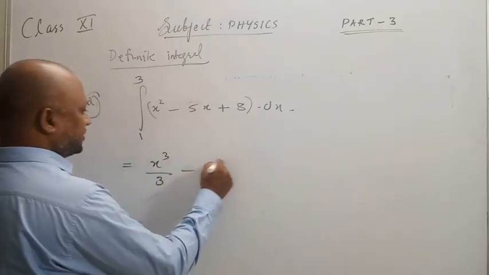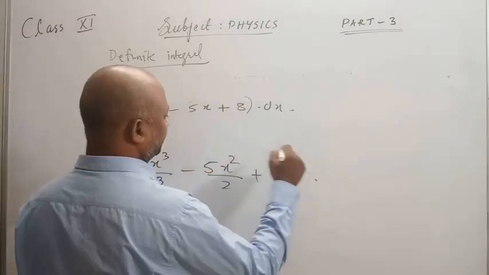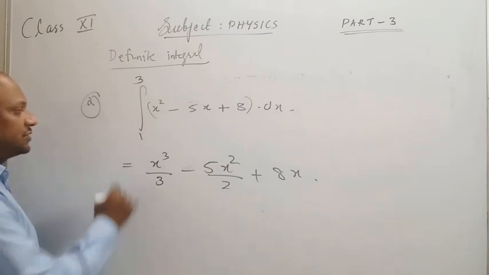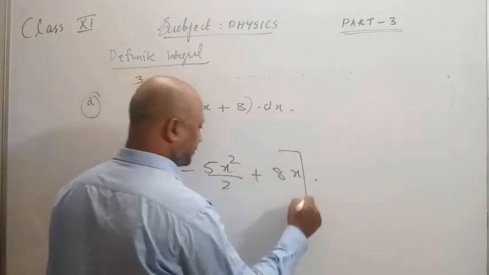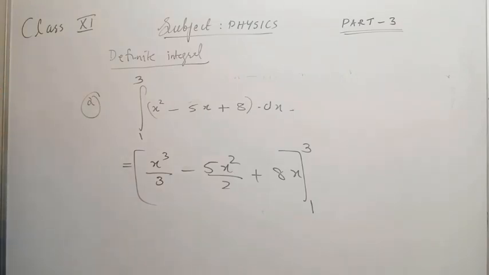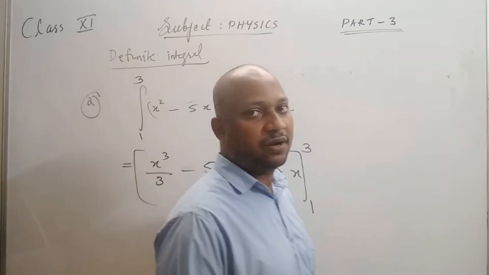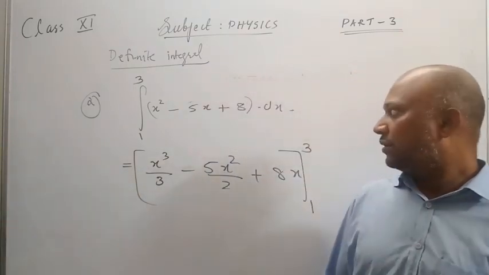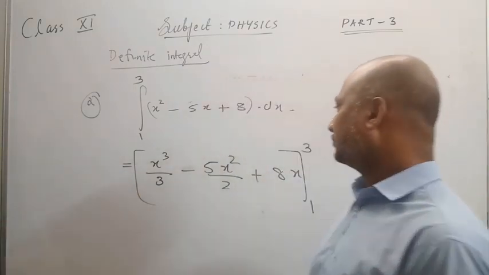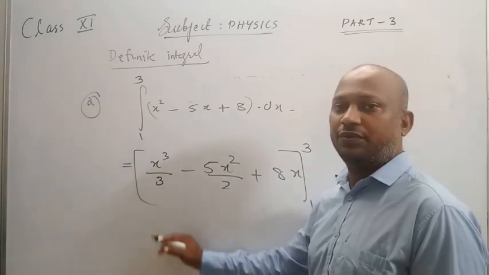So the answer you are getting is this. But the thing is, you have to use the limits, 1 to 3. X cube upon 3 minus 5x square upon 2 plus 8x. That is the integration of x raised to n, which is x raised to n plus 1 upon n plus 1.